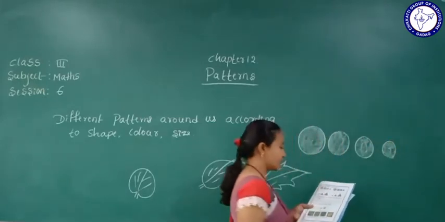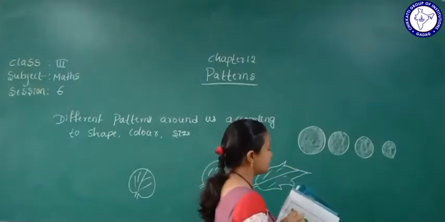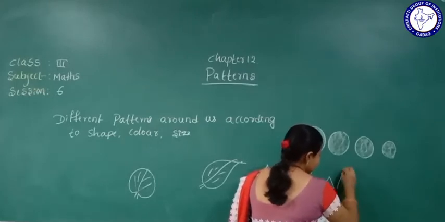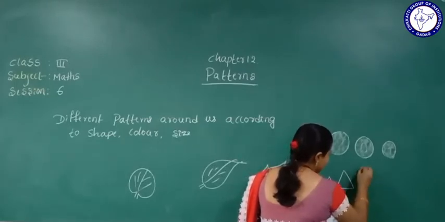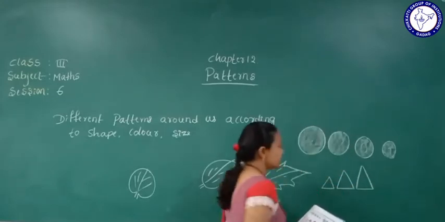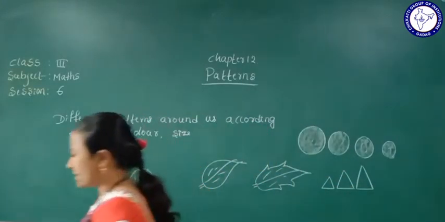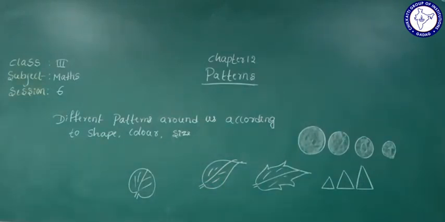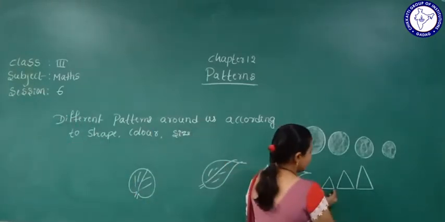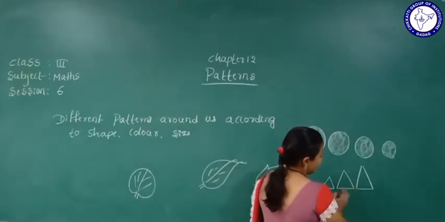Yes, okay. So next one they have given here is the same, as triangles. See, this is one triangle and this is the next triangle and this is the next triangle. See, observe, are all the triangles the same in size? No. This one is very small, and this one is a little bit big compared to this.